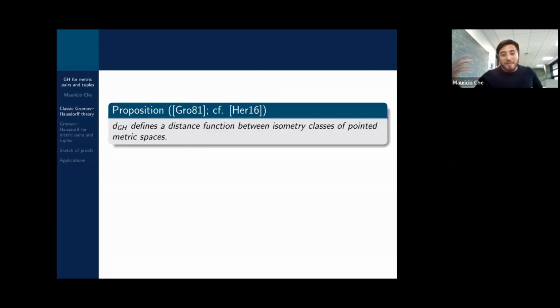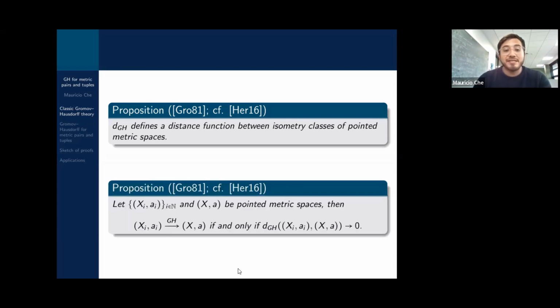Well, a metric between isometry classes of pointed metric spaces, and this actually goes back to Gromov's work. But as I said, I think not many people are aware that there is this distance, because really what most people do is work with the convergence instead of the distance. We are mostly interested in the convergence of things in this way of thinking about metric spaces, rather than in the distance. But well, it's interesting to know that there is a distance that metrizes the convergence, as in the following proposition, right? It turns out that the convergence of a sequence is equivalent to the convergence of this distance to 0.